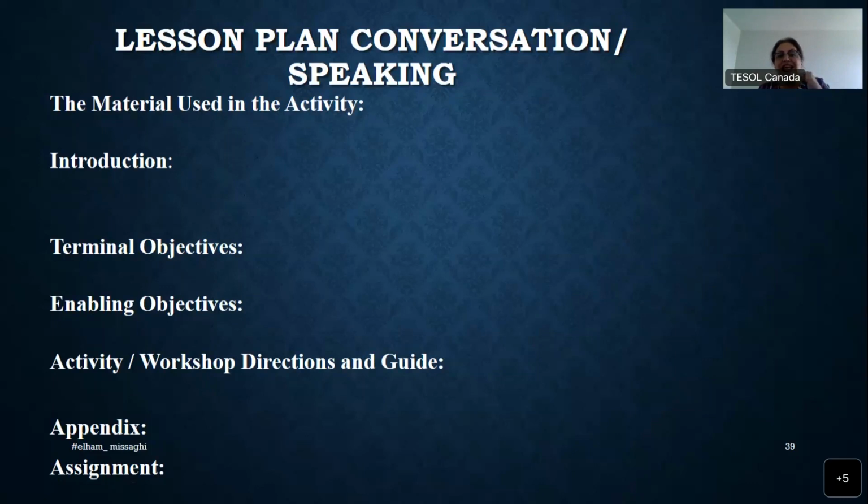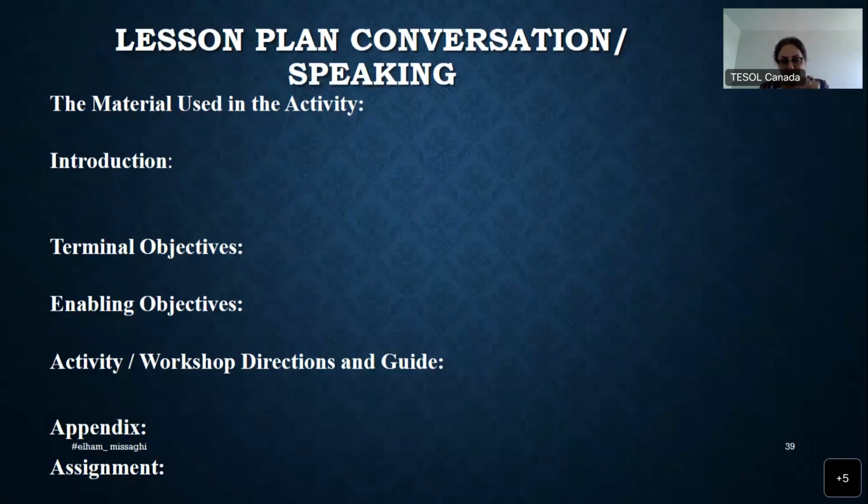This is enabling objectives. They need to listen and practice speaking, two skills. So terminal objectives are the main aim of the session. Enabling objectives are the linguistic part of the session.